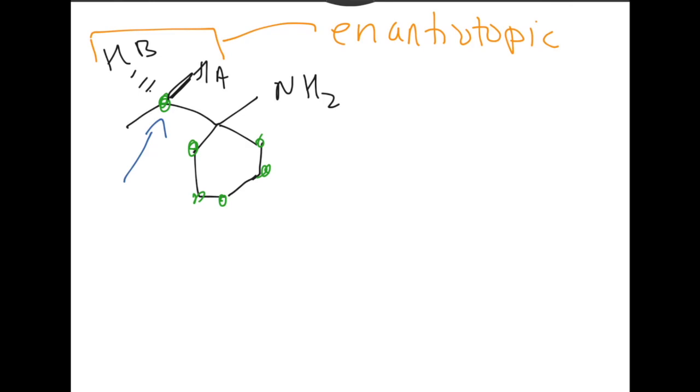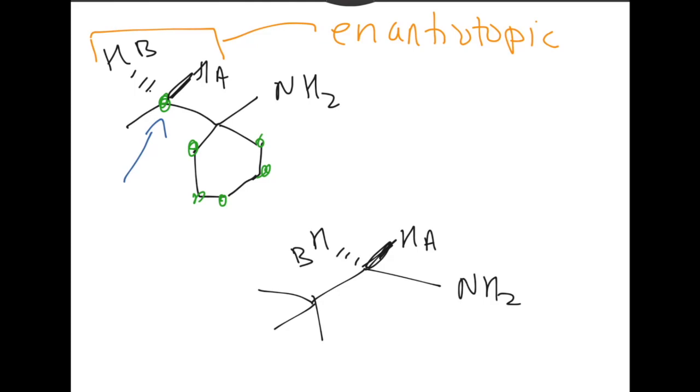I would have to draw HA, HB, and then ask which of these 2 groups is pro R, HA or HB. But I'd have to label it for you, because if you did it yourself, the labels don't matter.